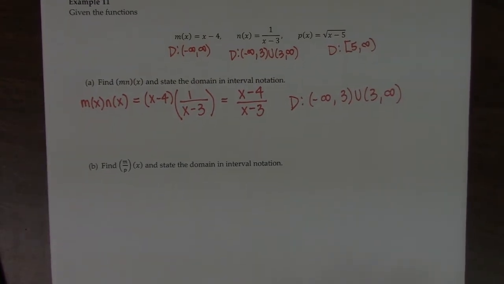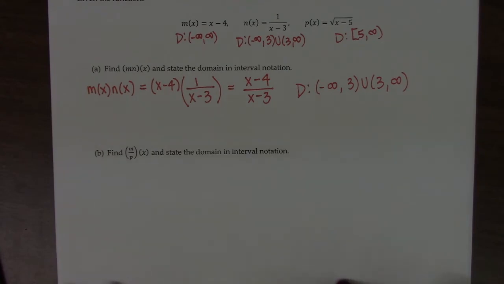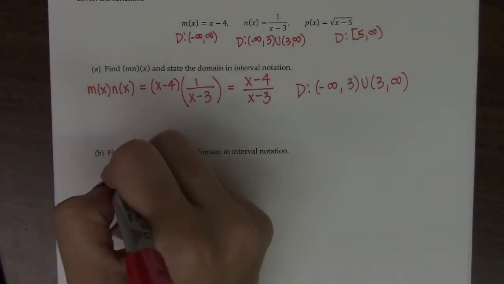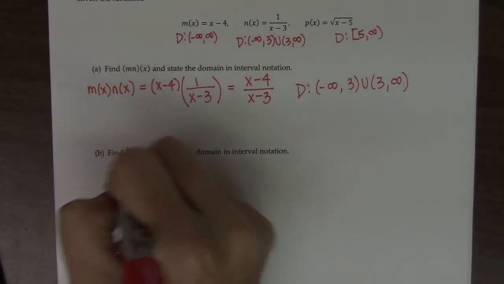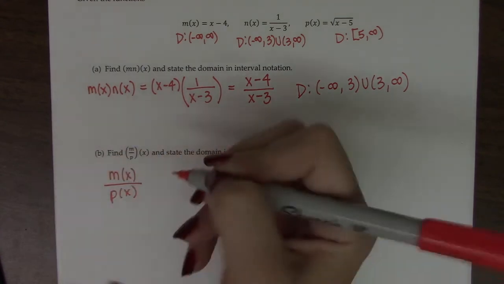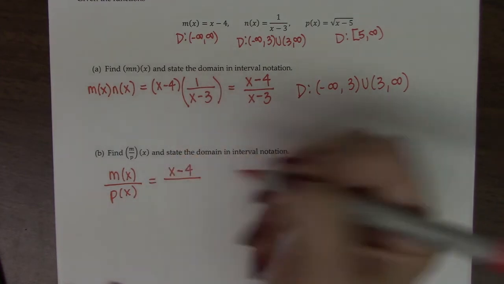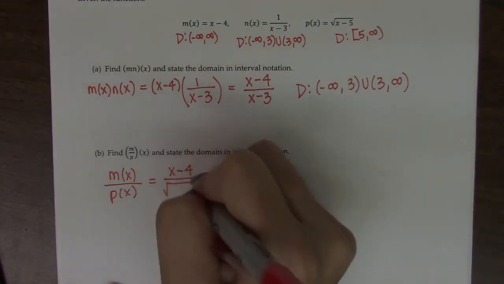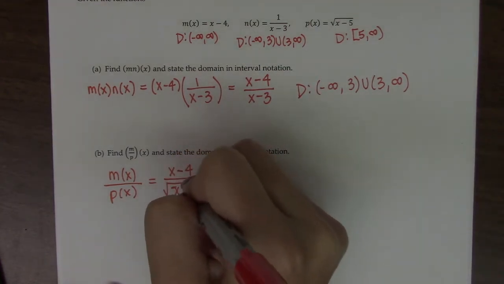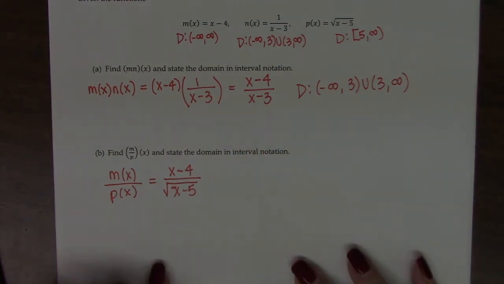The next one says take m of x and divide it by p of x. m of x is still x minus 4, but p of x is the square root of x minus 5. Now we've changed the structure of p of x a little bit.